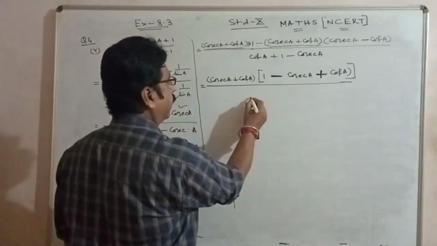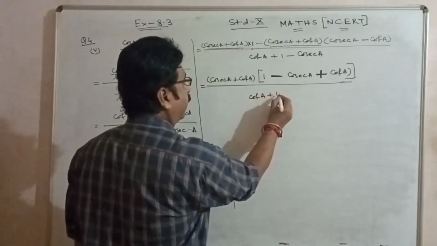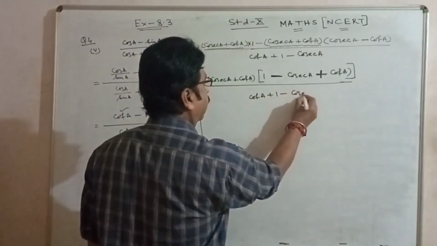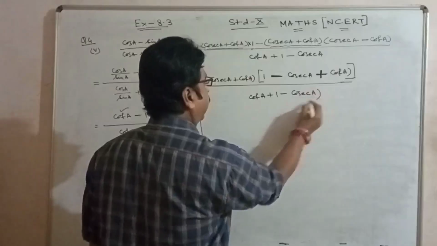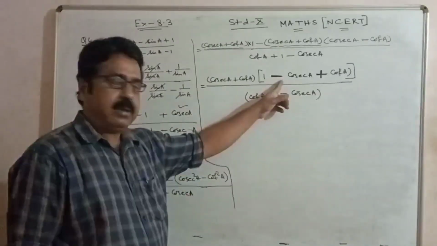Denominator is cot A plus 1 minus cosec A. Same thing.